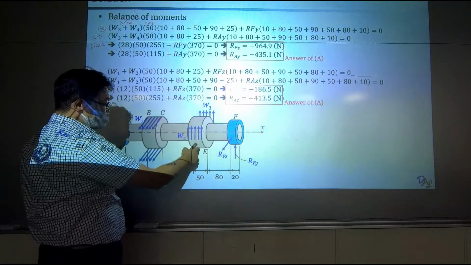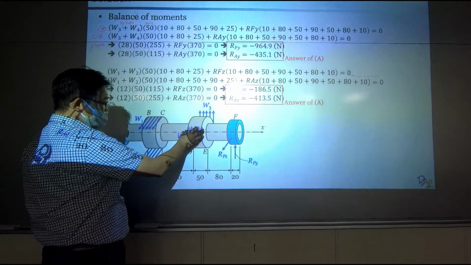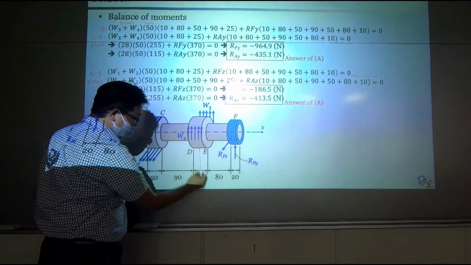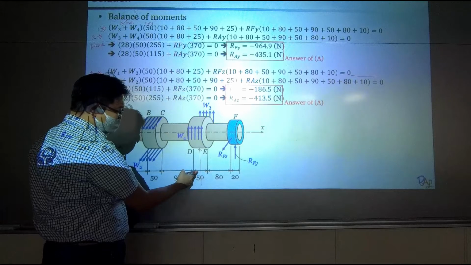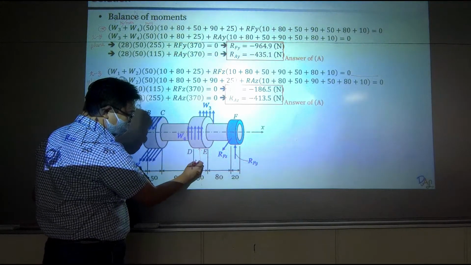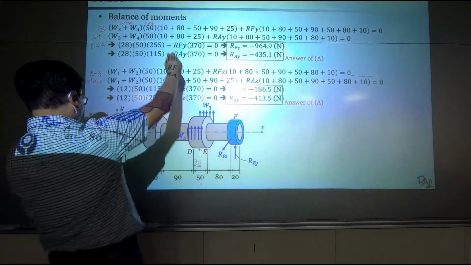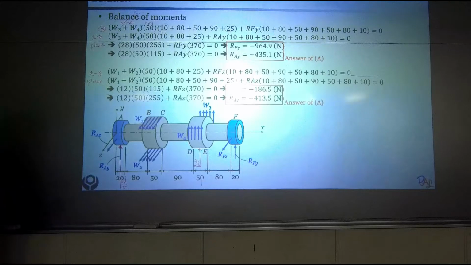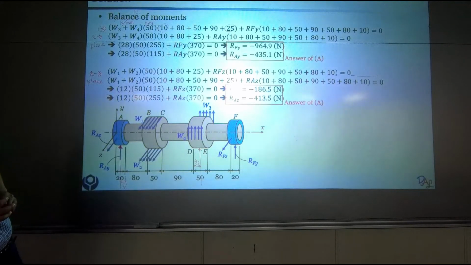And also when we concentrate the distributed load at the middle, then we are analyzing at the middle of this portion. So over here, the distance is 25. That's why here is 10 and here is 25. Okay, so please make sure you get this right.